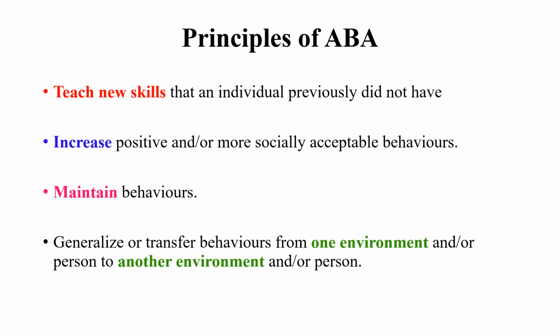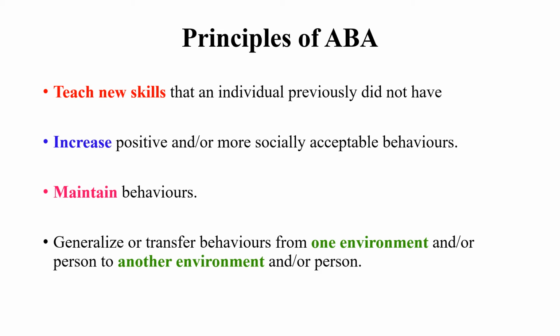So those behaviors have to be generally transferred from one environment to the other, that is from school to community, or from one particular person to all persons. It is not enough if the behavior happens only with the teacher; it has to be extended to all other members in the society relevant for the occurrence of the behavior.